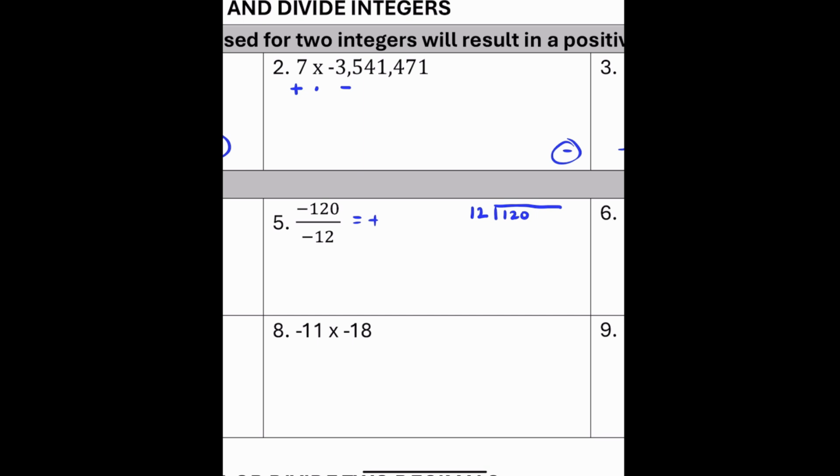So what we're going to do is figure out how many times does 12 go into 120, or if you want to work with smaller numbers, right? We can basically say, how many times does 12 go into 12? Well, we all know that 12 goes into 12 one time. Okay, so I'll write my 1 up top, and then I do 12 times 1, and that's 12, right?